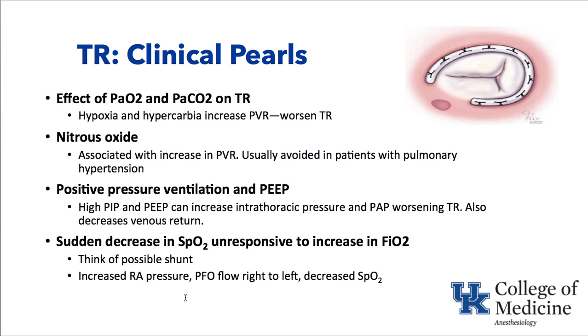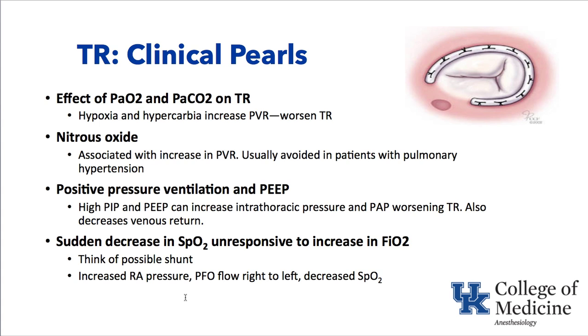If a patient who has TR has a sudden decrease in SpO2 unresponsive to increasing your FiO2, don't forget that there could be flow across the PFO. There could be so much blood and pressure in the right atrium that exceeds left atrial pressure, and flow could occur across that PFO from right to left. That's a right to left shunt, decreasing the SpO2.